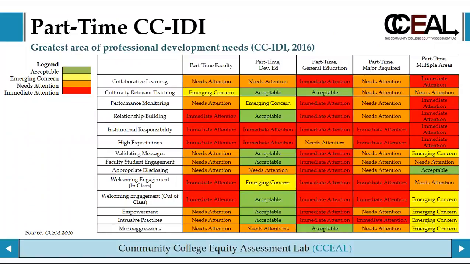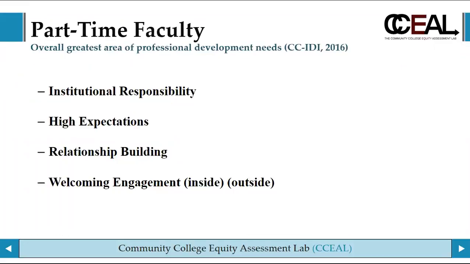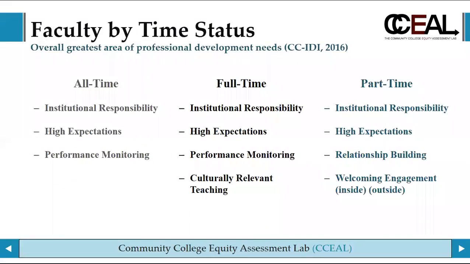And here's the whole picture. Thus, we recommend for part-time faculty, specific attention is needed for institutional responsibility, high expectations, relationship building, and welcoming engagement inside and outside the classroom. So when we look at this by time status, and when we mentioned targeted training, for all faculty we recommend institutional responsibility, high expectations, performance monitoring.